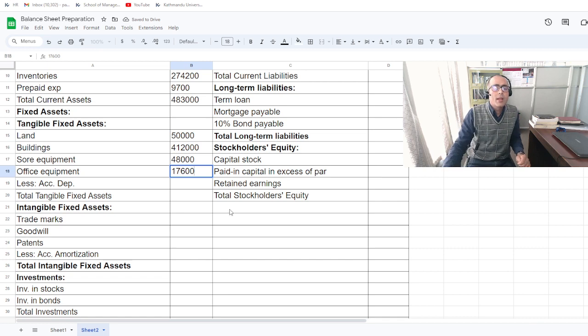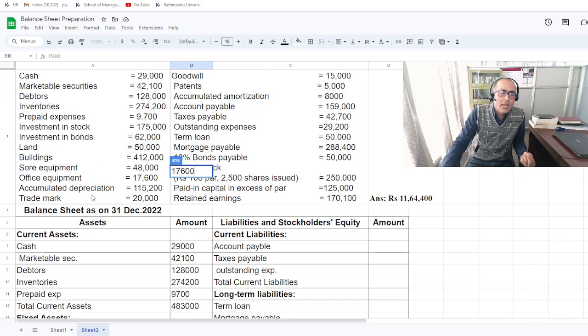Now look, there is accumulated depreciation, also called total depreciation. Depreciation is a non-cash expense. This accumulated depreciation, or the provision for depreciation, needs to be either deducted from your fixed assets, or you could list it under the liabilities also.